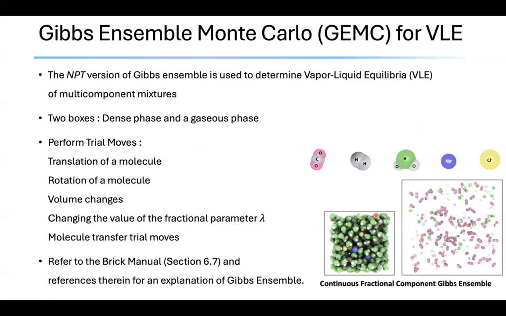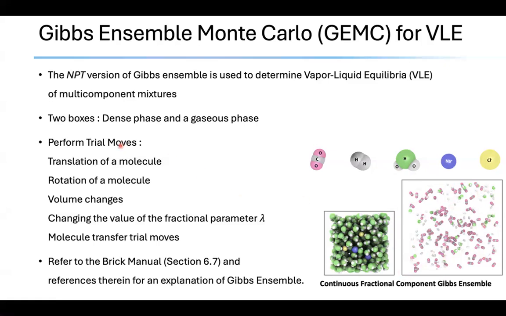As you can see, the dense phase contains mostly water, which is obvious considering that water has a higher density compared to the gaseous phase. And then you have a box with a larger volume, which mainly contains gases. As you can see here, you have CO2 molecules combined with H2 molecules that fill this box, and with a small amount of water molecules that are distributed evenly here.